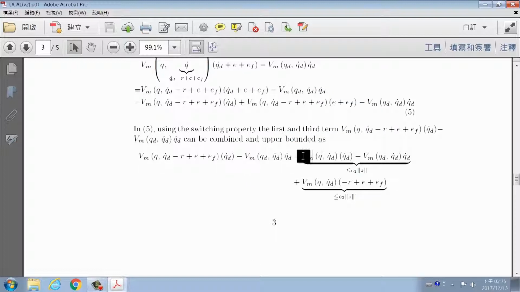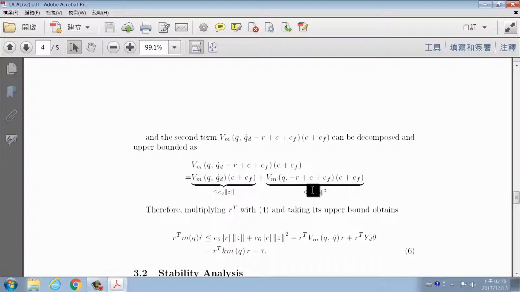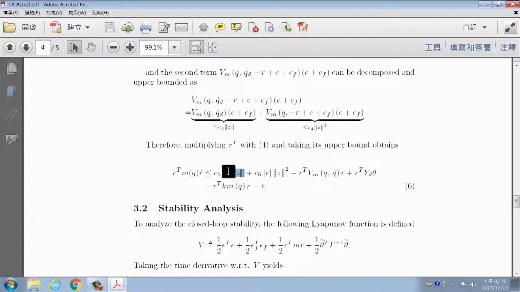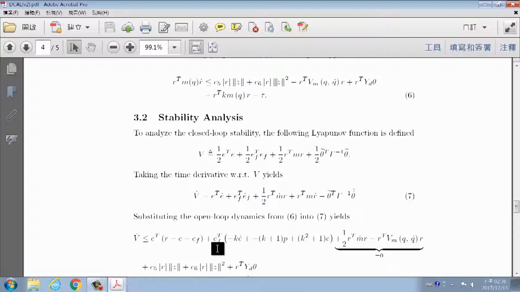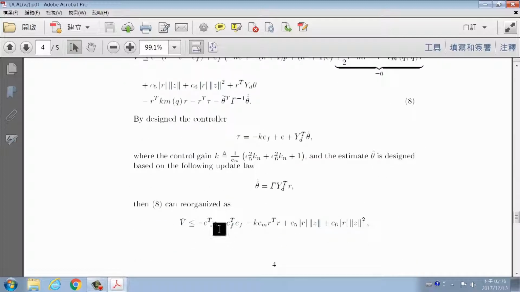The norm of these 2 terms can be upper bounded by the error signal, the Z norm, or Z square norms, which is this and this. And we know that's better than just E dot, because this can be cancelled out by minus Z terms. That can be cancelled out by this minus Z squared terms.